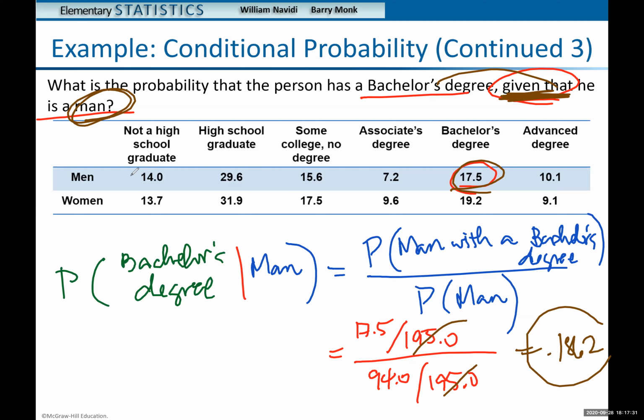Based on the table, man with a bachelor's degree, you have 17.5. And probability of man, the denominator is the total, which is 94. So 17.5 divided by 94 is 0.1862. Okay? Any questions?